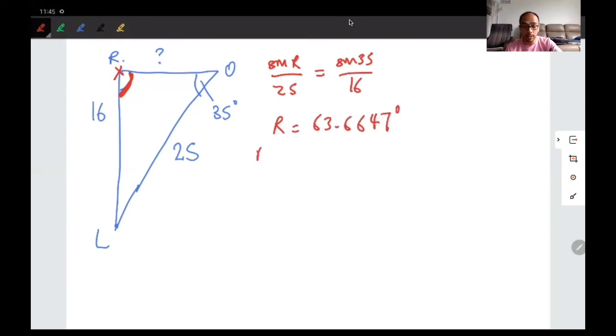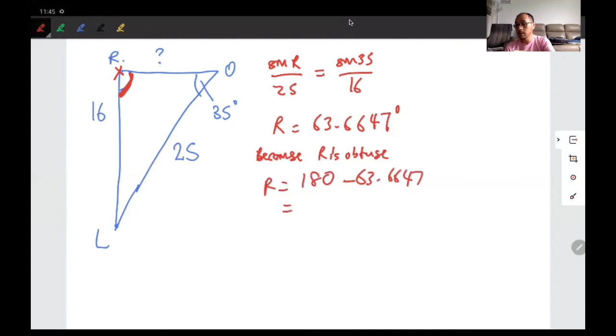But because r is obtuse, r must equal 180 minus 63.6647. I will get 116.335 degrees.